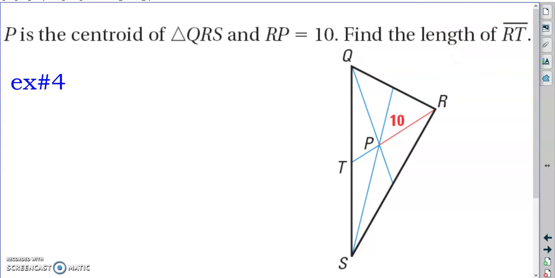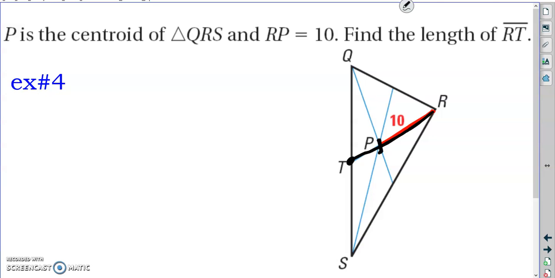P is the centroid of triangle QRS, and RP is 10. So now they gave me R to P, which is not the full length of the median. So RP is on the median RT. So let's look at RT, and let's split it up into thirds. So how do we start? We start at the midpoint. From the midpoint to the centroid is 1/3.